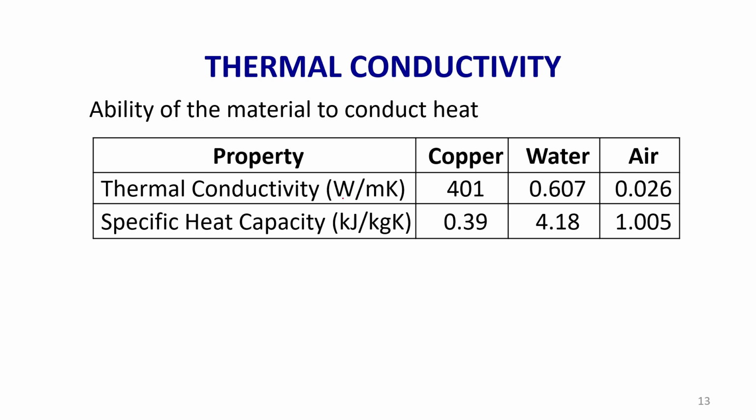Water has a good Cp value, the K value is 0.607, and air compared to water, the Cp value is 1/4 and the thermal conductivity is also okay. Just to have an idea, compared the thermal conductivity of different materials, solid, liquid and gas.